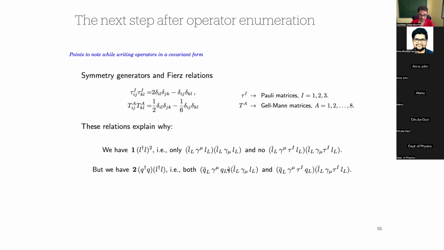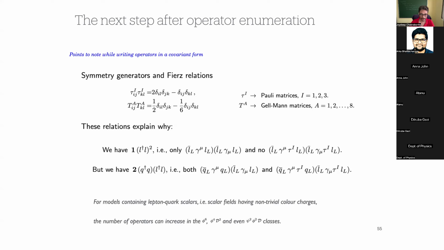So you will get two different structures, and the Fierz identity will not allow you to go from this to that. In this case you get only one operator, but in this case you get two operators. So these are the small but important things one has to be very careful about while writing these operators. And once you include more and more fields, things become slightly more difficult but doable.